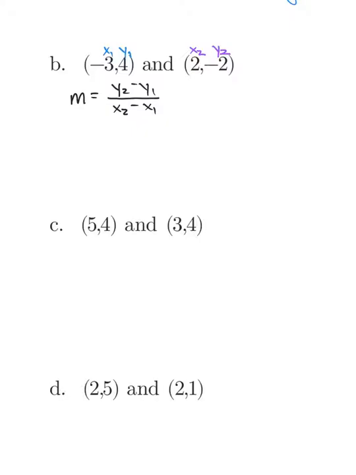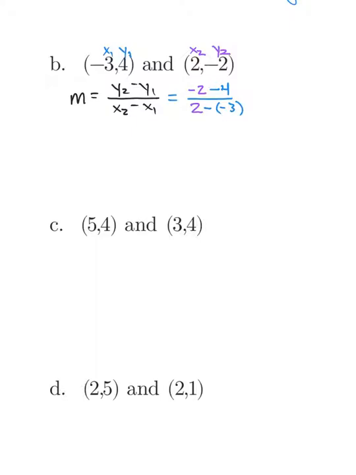So now when I go ahead and plug in, I get y2 is negative 2 minus y1, which is 4, over x2, 2, minus x1, which is negative 3.